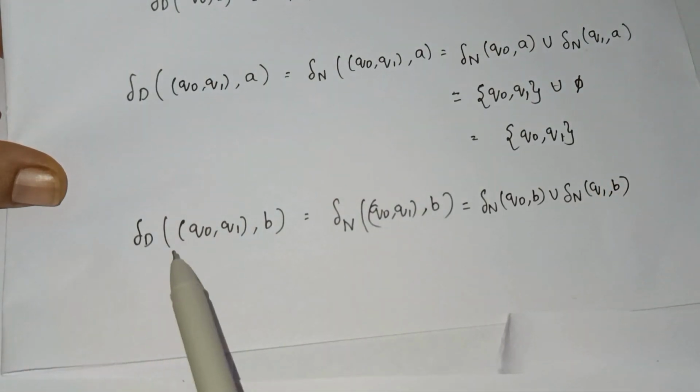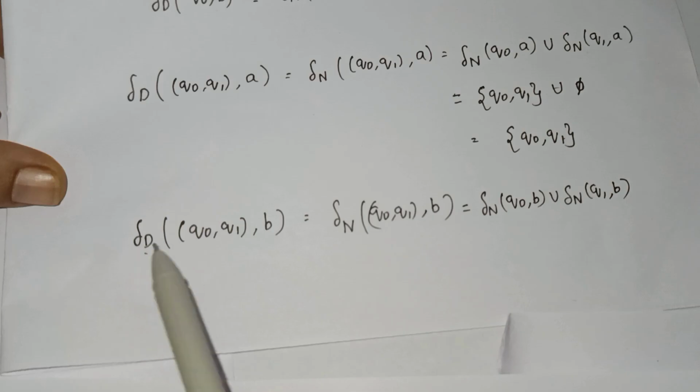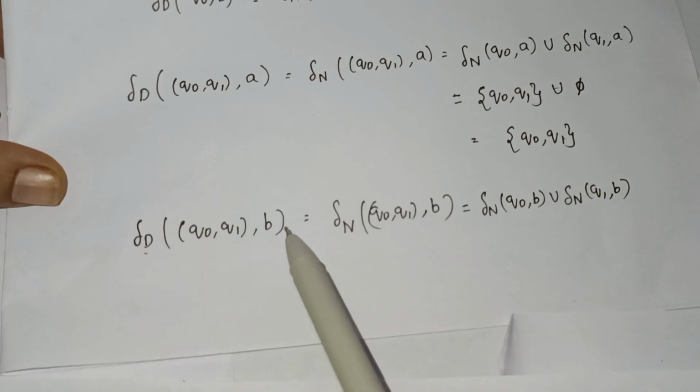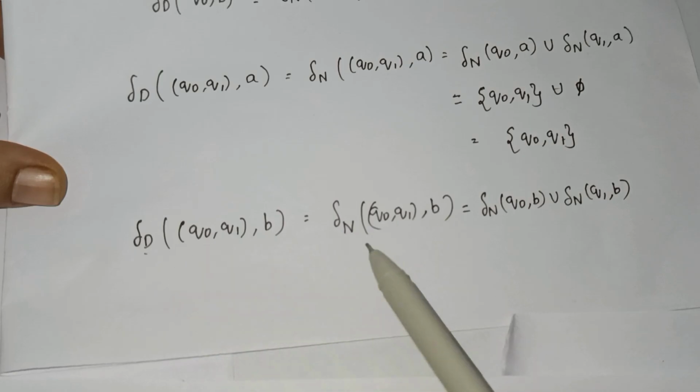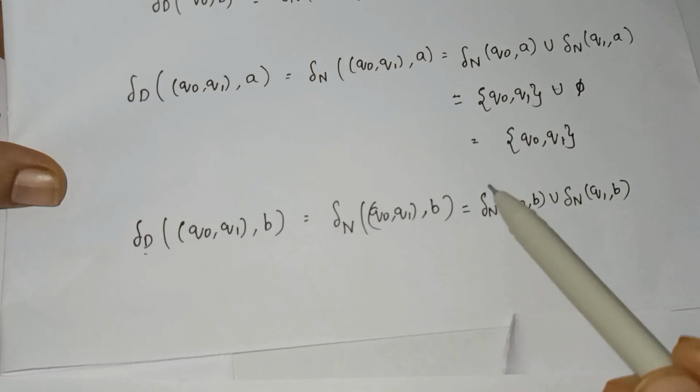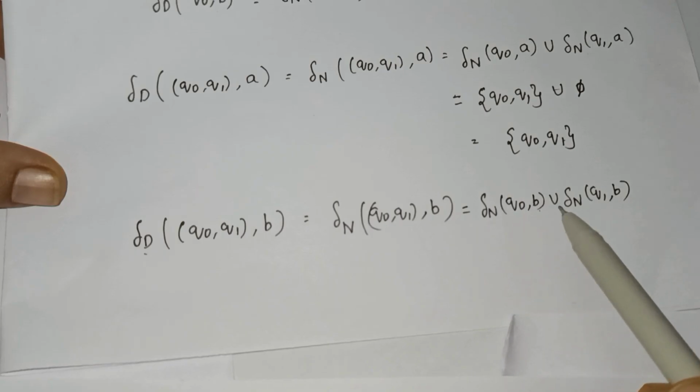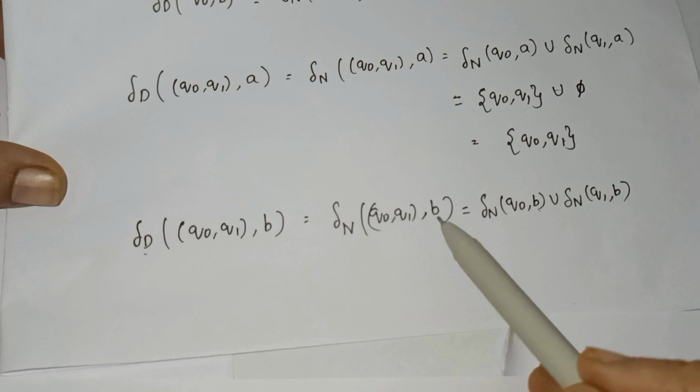Hope you understood. The DFA transition of Q0, Q1 on B is delta N of Q0, Q1 on B, meaning DFA equals NFA. This we will split: delta N of Q0 on B union delta N of Q1 on B.